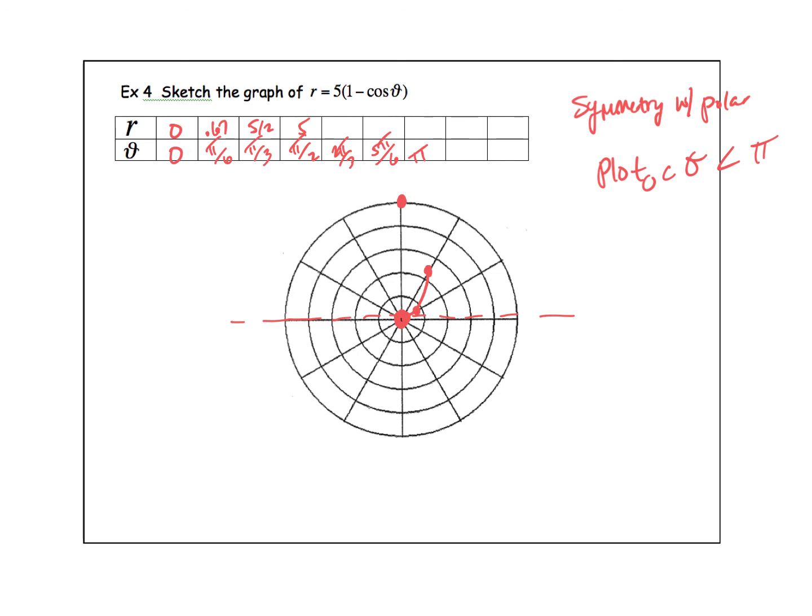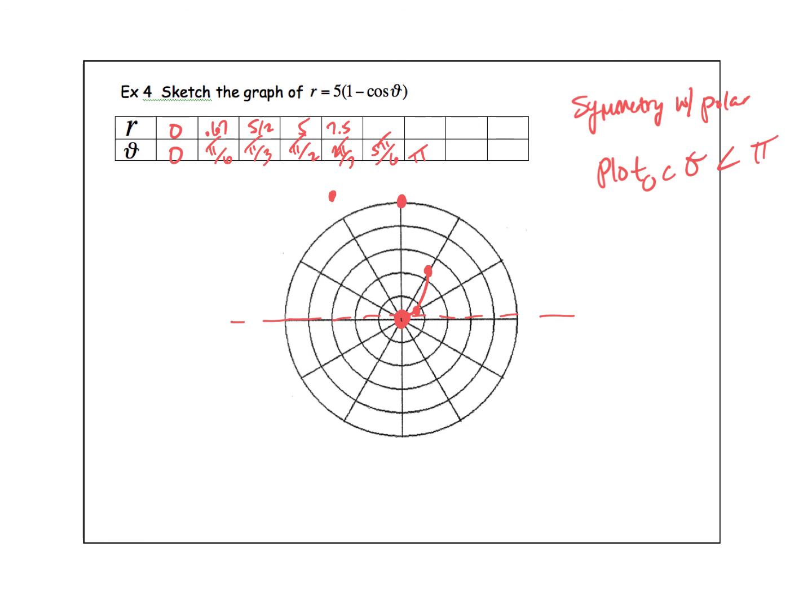When I go to 2 pi over 3, here's where it's going to start to grow, because I'm doing 1 minus my cosine answer. So 2 pi over 3 is going to give me a negative a half. So I have 1 plus a half times the 5, and I get 7.5 now. So I'm off my grid. We'll approximate right there.